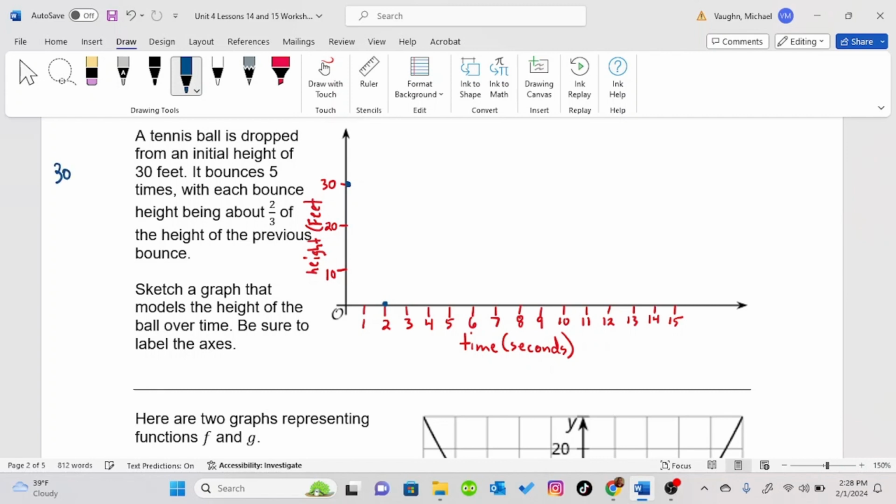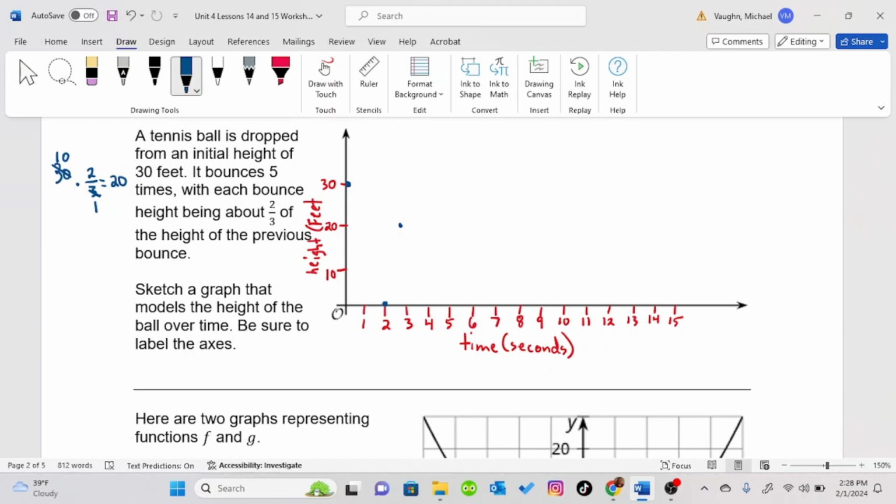So 30 times 2/3. 3 goes into 30 10 times. 3 goes into 3 once. So this equals 10 times 2 is 20. So my next point needs to be at 20.